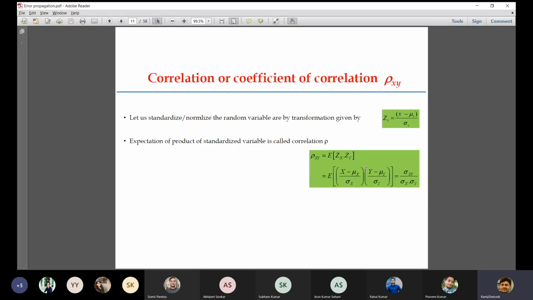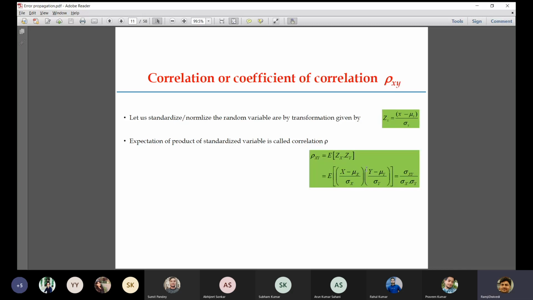Then obviously after covariance, what comes next? Correlation or coefficient of correlation, which we call rho xy. We know that the standardized or normal random variable is given by zx, which is nothing but x minus mu x upon sigma x. The correlation between x and y is denoted by the expectation of zx zy.